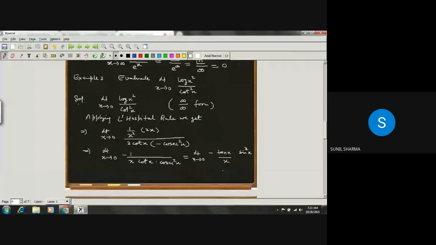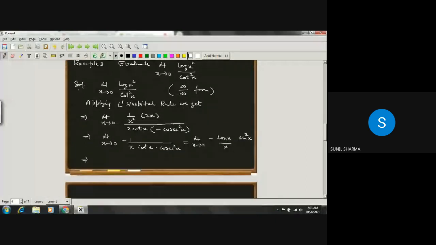So it becomes limit x goes to 0 of tan x upon x into limit x goes to 0 of sin square x, and limit x goes to 0 of tan x upon x is equal to 1. You can even apply the 0 by 0 form, right? So it is minus 1 into sin 0 which is equal to 0. So we get the answer: the limit of this function is 0.